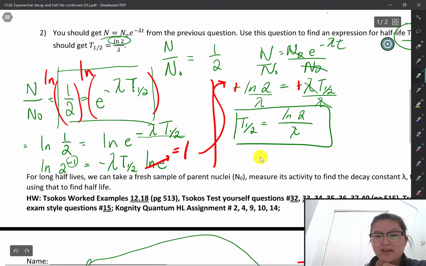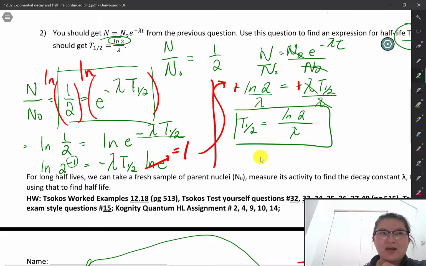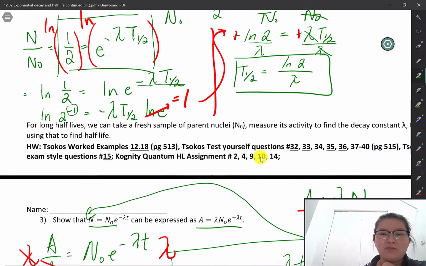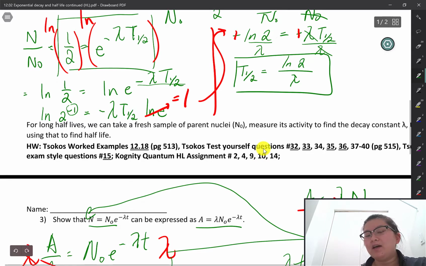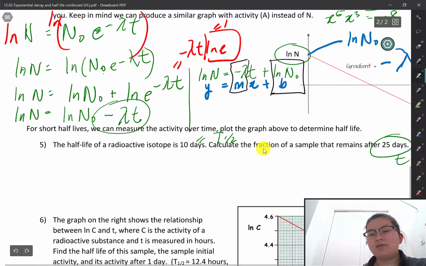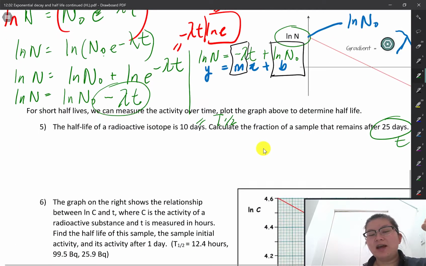Since it's not from your data table, IB exam probably will not give you marks unless the question is... sometimes the marking scheme will say give the full marks for a bold answer, which I don't think they'll do for this case because they actually want to see if you can manipulate this kind of equation.